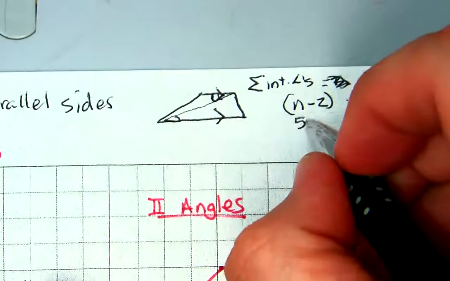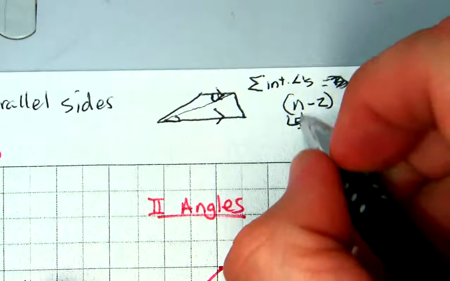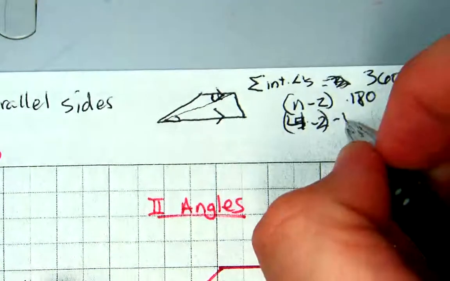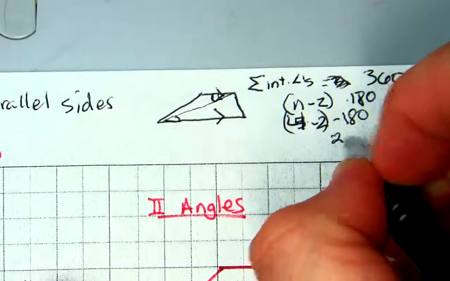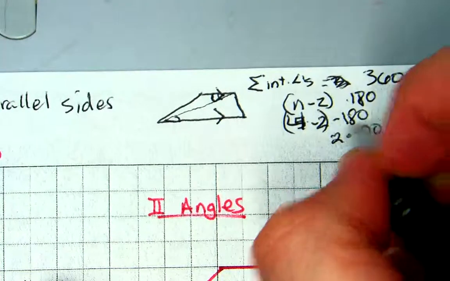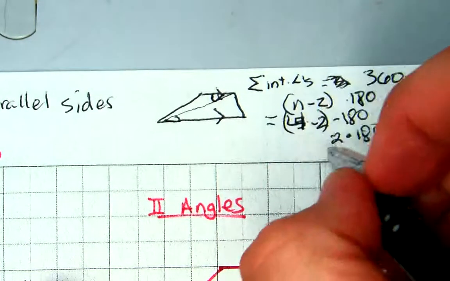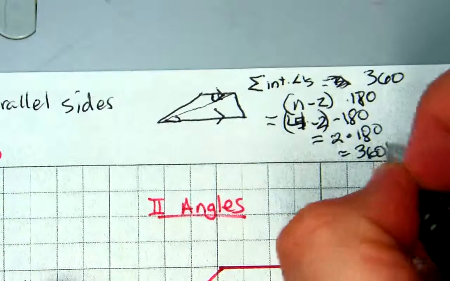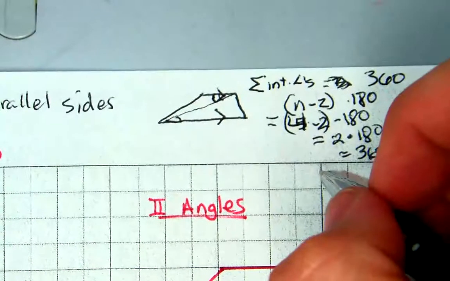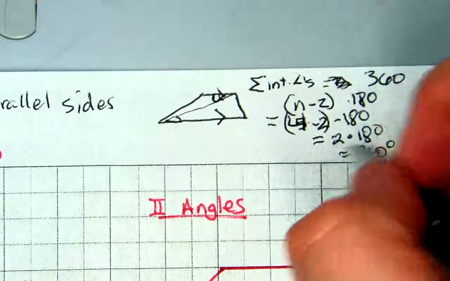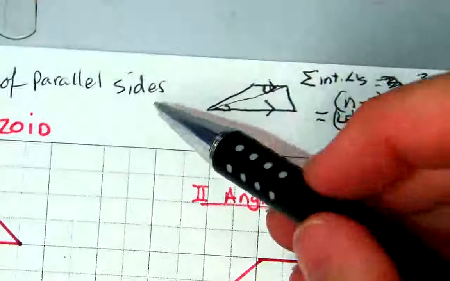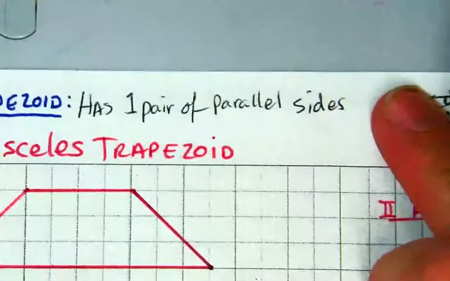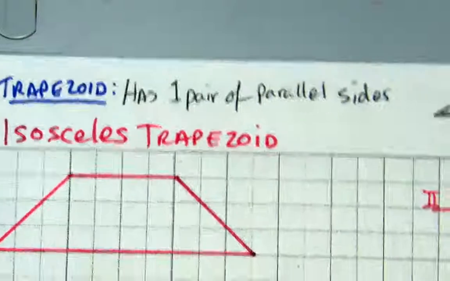It's 4 minus 2 times 180, which is equal to 2 times 180, which is 360 degrees. So we have a 360 degree sum of all the interior angles. But for the normal trapezoid, that's all you get.